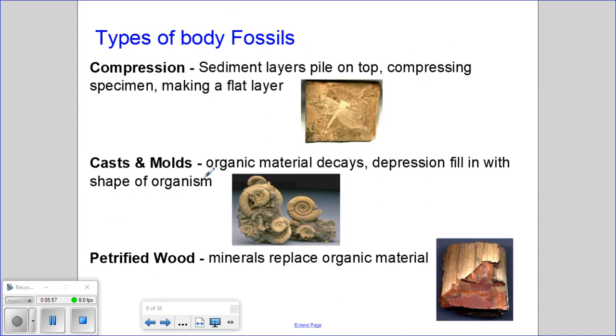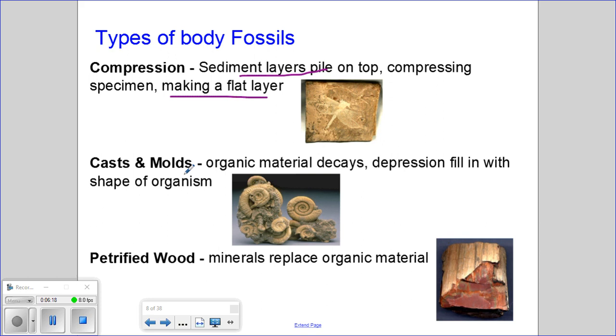So in terms of types of body fossils, these can be categorized as a compression fossil, cast and mold, or in the form of petrified wood. With a compression body fossil, this is where sediment layers have piled on top, compressing the specimen, making a flat layer.